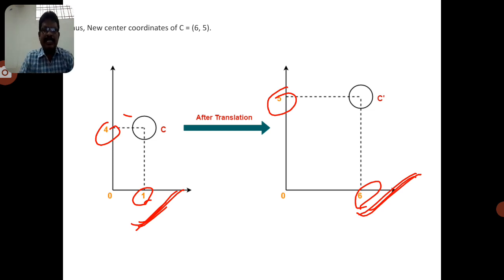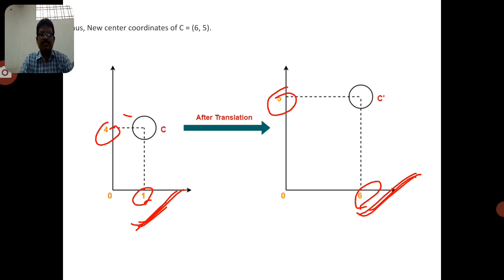So finally, translation is the first technique, which identifies a particular position of the object and which can be moved towards the x-axis and towards the y-axis.